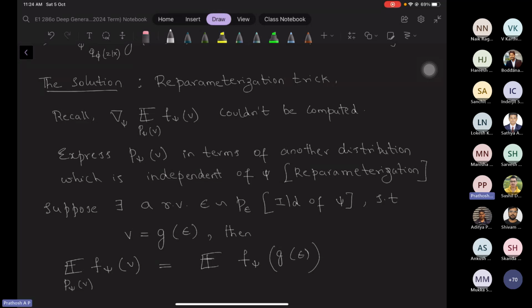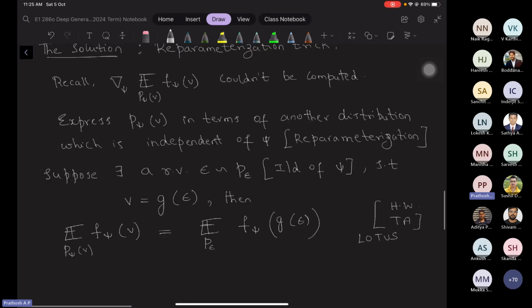And this expectation now will become the expectation with respect to p epsilon. You can take it as homework or in the DS session to show that these two are equivalent. This is also called the law of the unconscious statistician, abbreviated as LOTUS. This is a standard probability proof. You can show it in two steps.